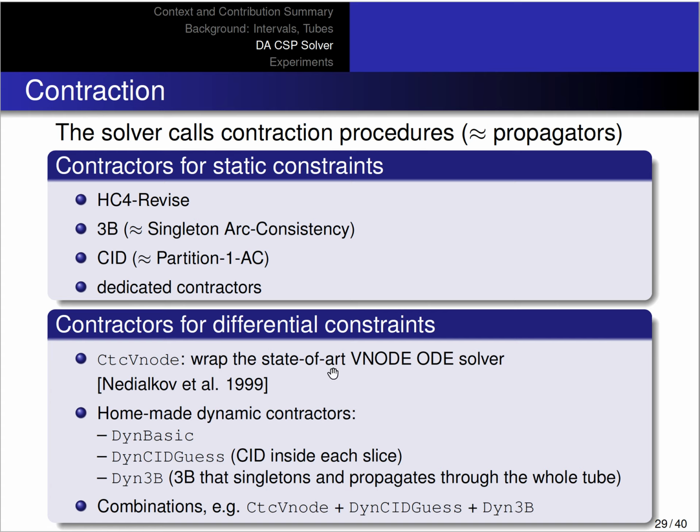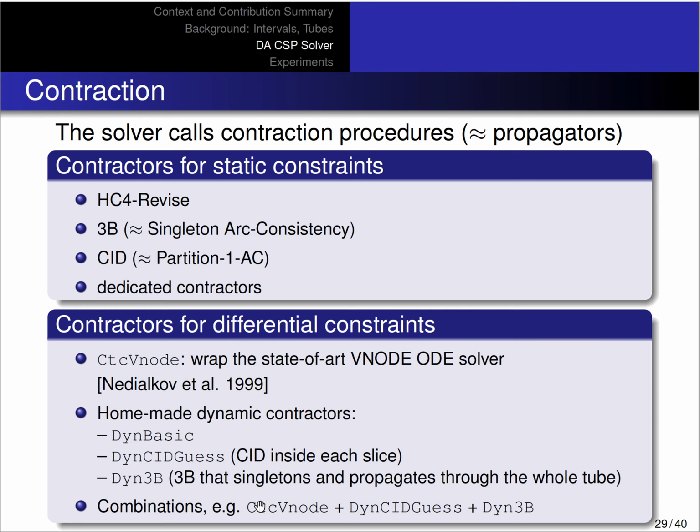First, CTC VNode, a new contractor that wraps the state-of-the-art VNODE-LP interval solver. In fact, it's very interesting that any guaranteed ODE solver can be wrapped into a contractor that achieves domain filtering. Second, homemade ODE or integro-differential contractors. You will find some details in the paper.